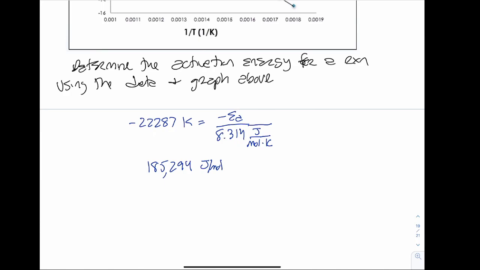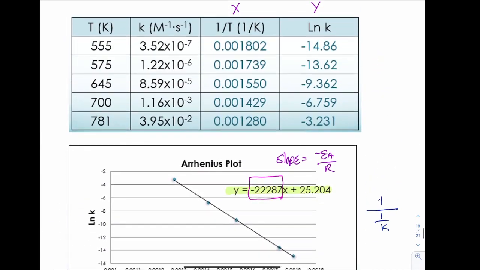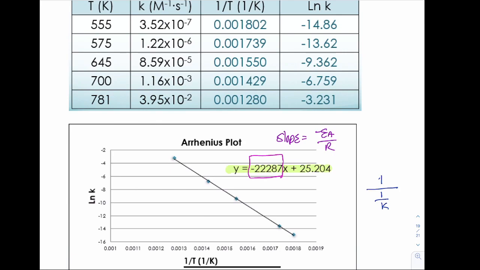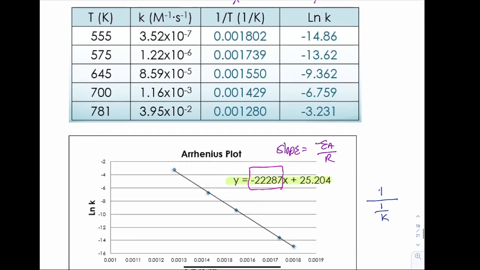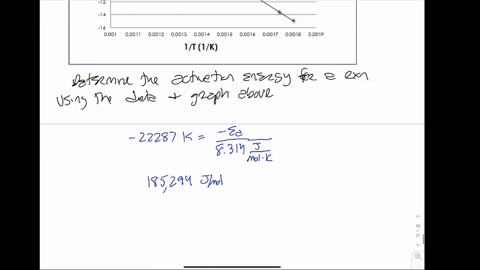I am going to round. I need, I guess, 4 significant digits here. Actually, before I say that, let's go back up. Our significant figures actually need to come from our original values, so I do really only want 3 significant figures in my final answer. I'm also going to convert it to kilojoules because this is such a big number, so I'm just going to move my decimal place over 3.